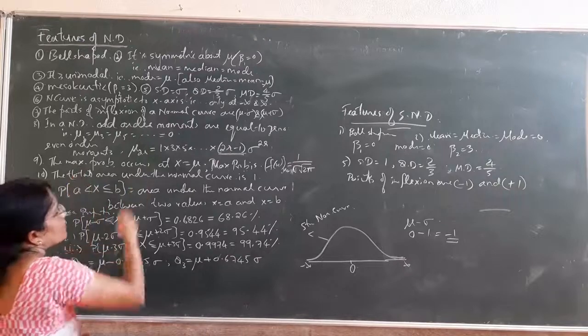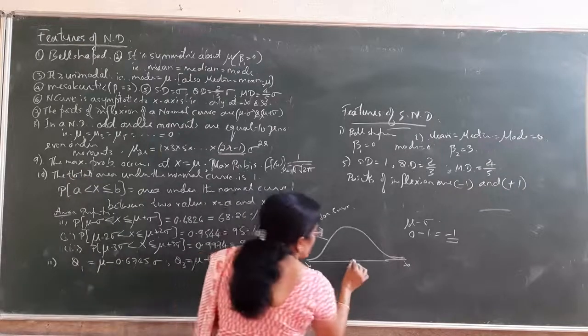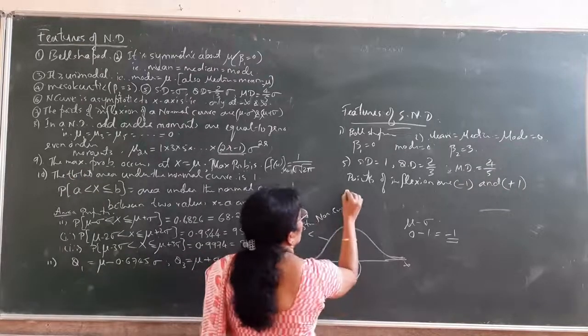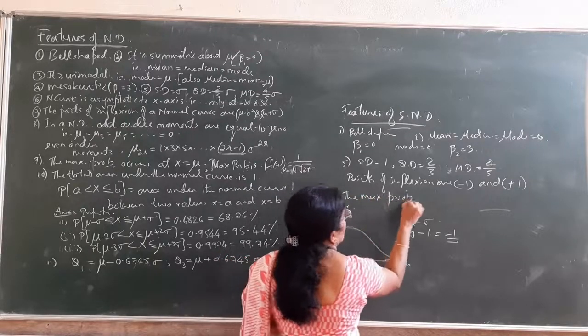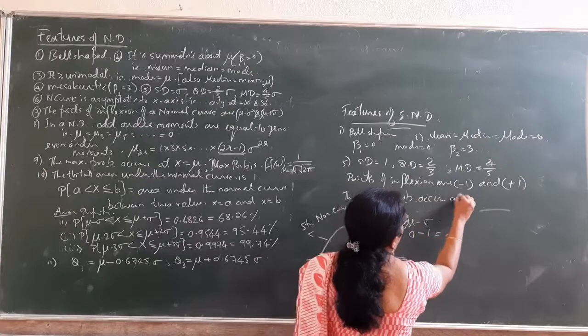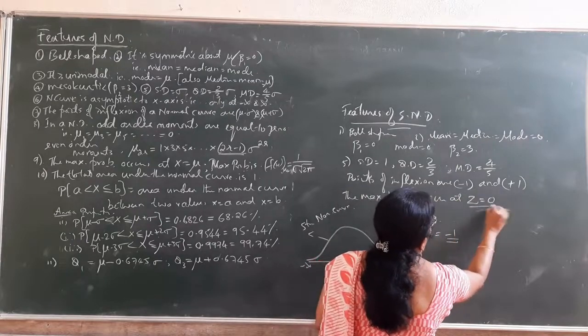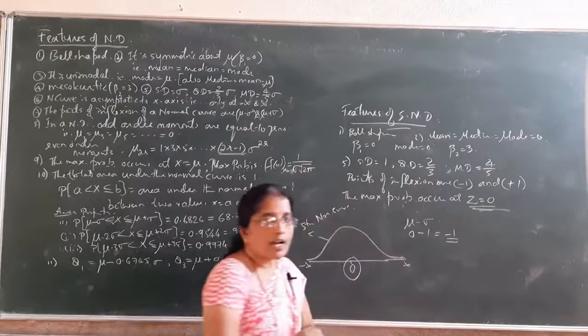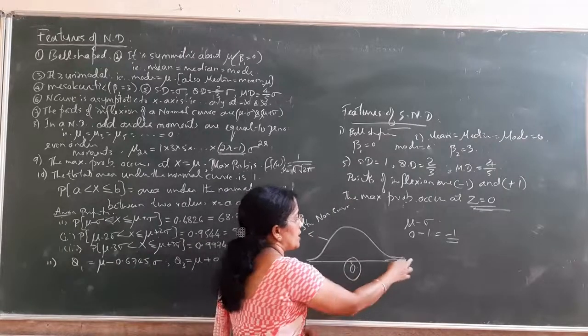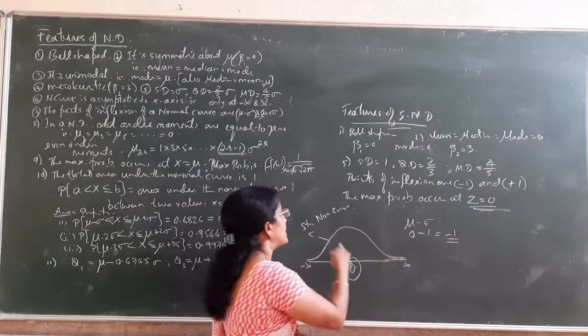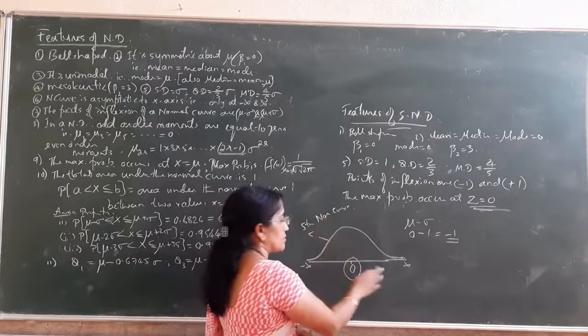The maximum probability occurs at z equal to 0. It is not x. We are dealing with the standard normal variate, so put z equal to 0. Here along the x-axis, z will be taken in a standard normal curve, right?